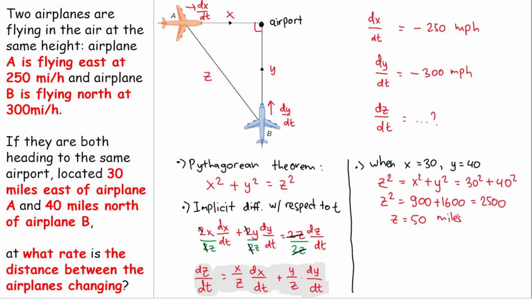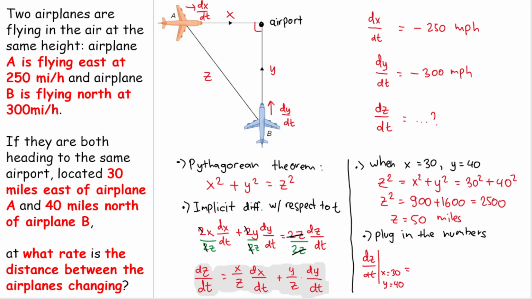Then all that we need to do is plug in the numerical values for dz/dt when x is equal to 30 and y is equal to 40.